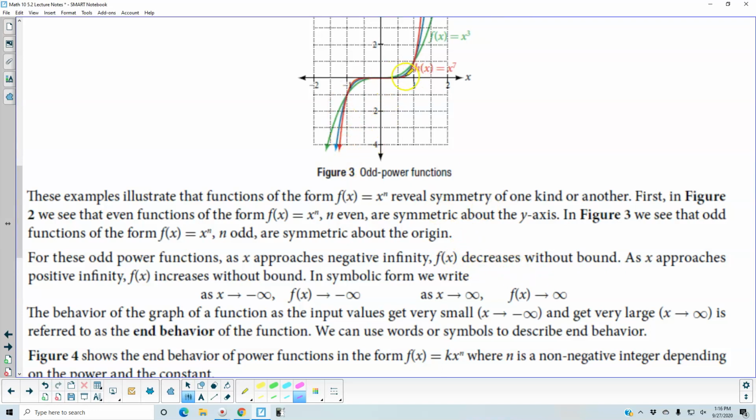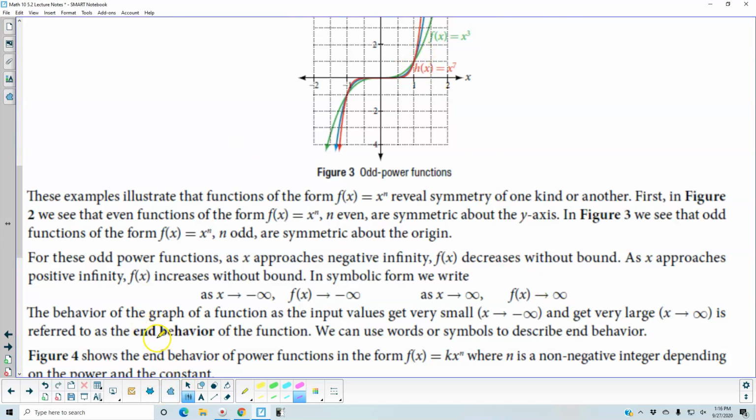If we look at the right side of the graph, as x is going to the right, approaching positive infinity, then the function is increasing without bound. Symbolically, we would write: as x approaches negative infinity, the function approaches negative infinity. And on the right side, as x approaches positive infinity, the function f of x approaches positive infinity.